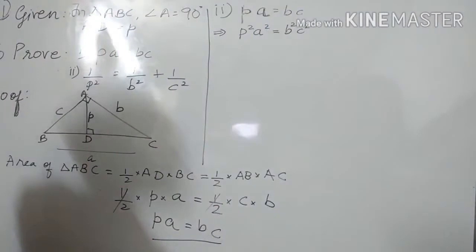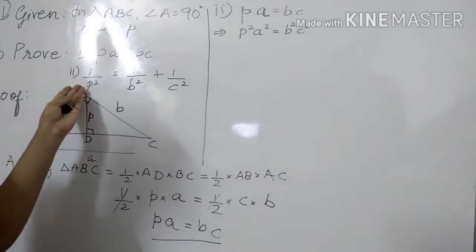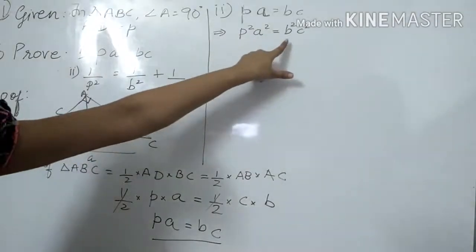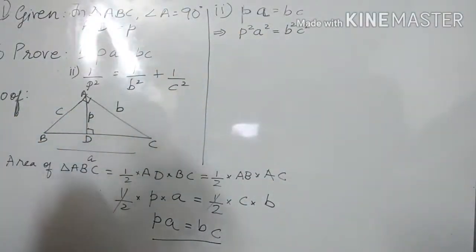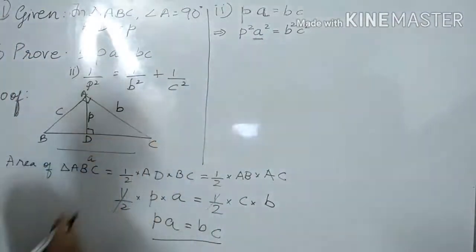Why we are doing so, students? Because in the prove part, you can see we need squares of all. So from squaring, I write here P square A square is equal to B square C square. Now we will write, instead of A square, what is the value we will put here?